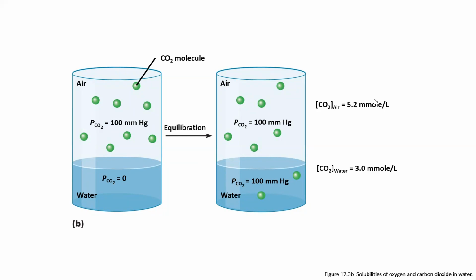When we look at the actual number of gas particles that are dissolved in this solution, it's not perfect, so it's not 5.2, but it's much better than we saw for oxygen. It's actually 20 times better than what we saw for oxygen. So instead of having 0.15 millimoles of this carbon dioxide in the liquid state, it's actually 3.0 millimoles that has been dissolved into the liquid state here.